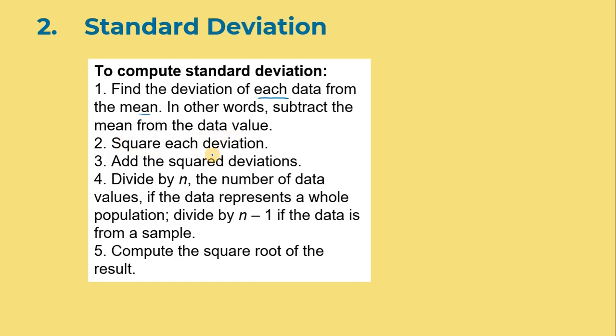Next, square the deviations. Then add them all and divide by n, the number of data values, if the data represents the whole population. But if it is a sample, use n minus 1. Then compute the square root of the result. We do that because we squared earlier, so to bring it back, the square root is the counterpart. And that is now your standard deviation.